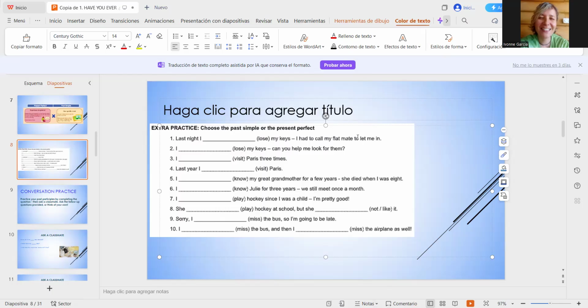Let's continue. What about number two? So again, we have a similar example. We need to use the same verb, lose my keys. Can you help me look for them? So I'm going to give you 1 minute again.